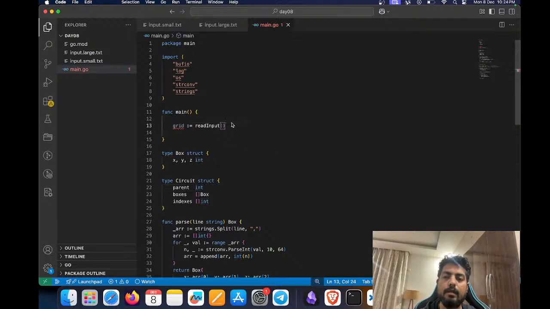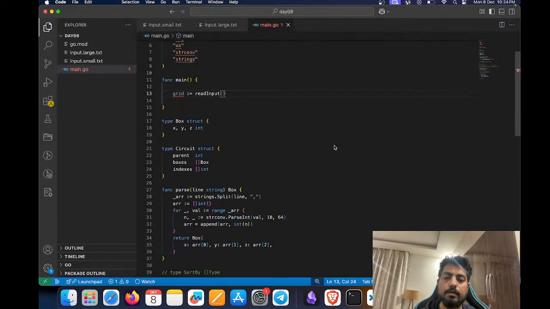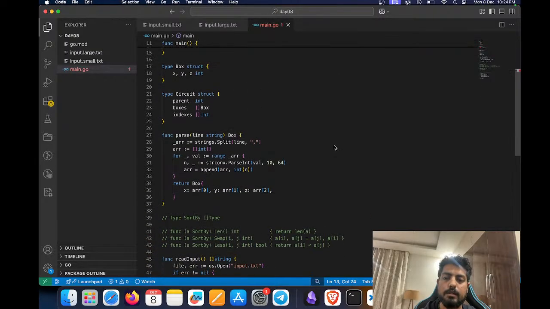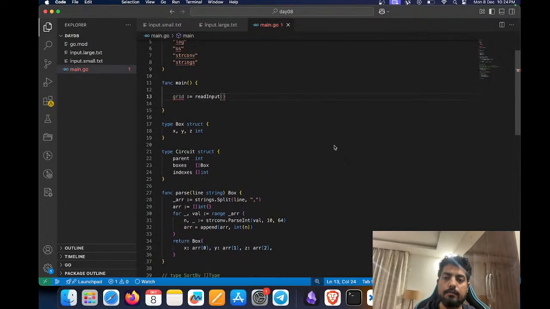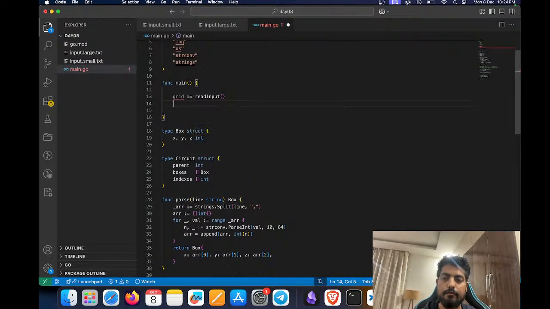Okay, first of all, I'll just parse this to a box. Now we have boxes. Make box, comma 0.